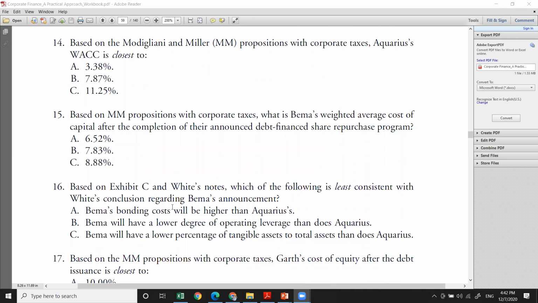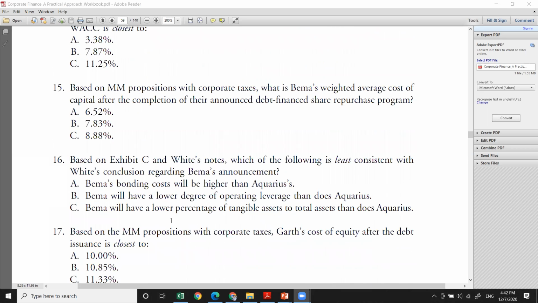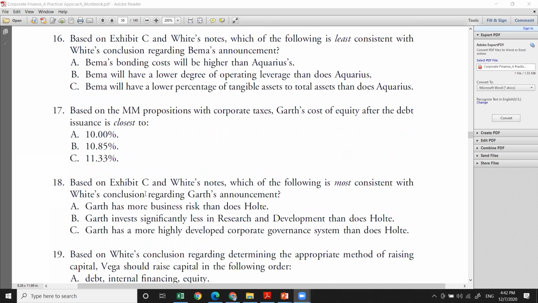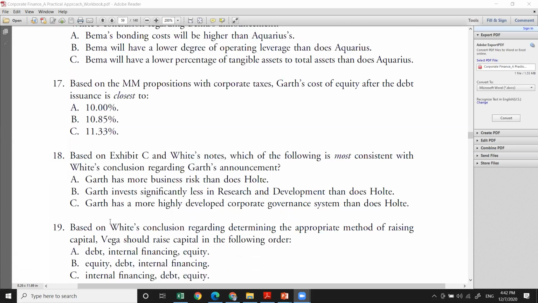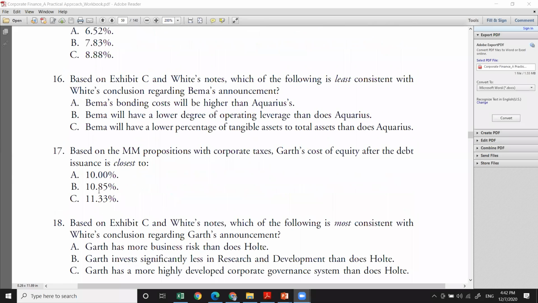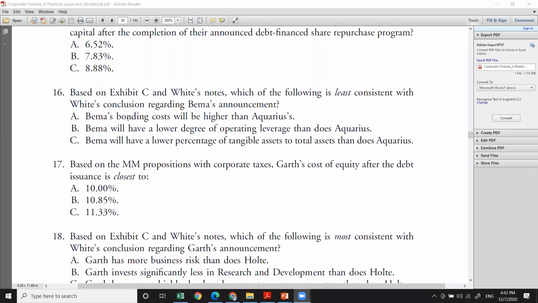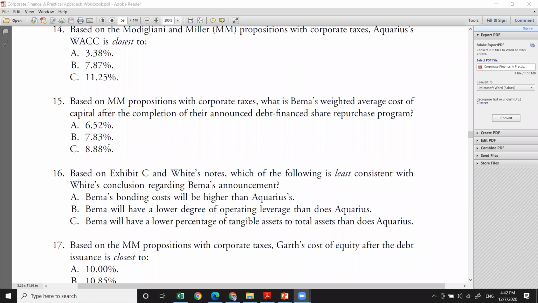Question 16, I will skip it. It's theoretical. Question 17 is similar to question 15, but for the cost of equity for the GAF company. I'm not going to do it. I will stop here for these questions because question 17 is similar to question 15.